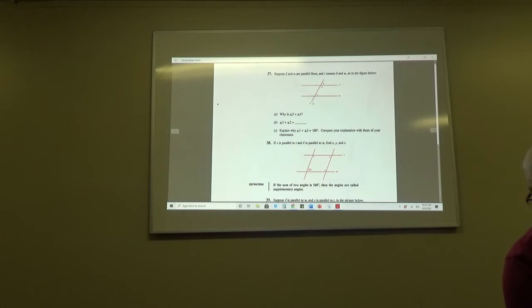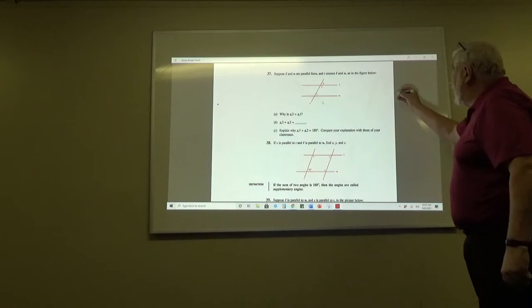Vocabulary word. Transversal. You've got to remember that vocabulary word. And then L and M are called parallel lines. If you had to tell me that L and M were parallel, what is the math notation that explains that fact?